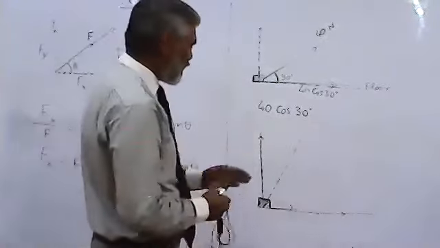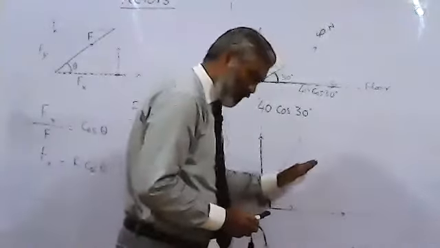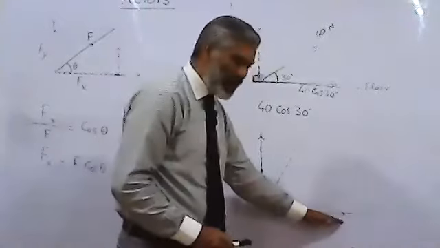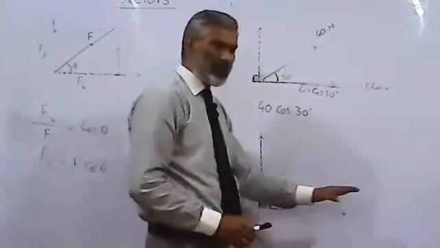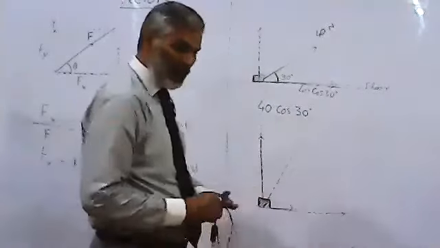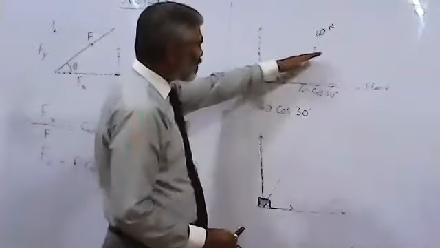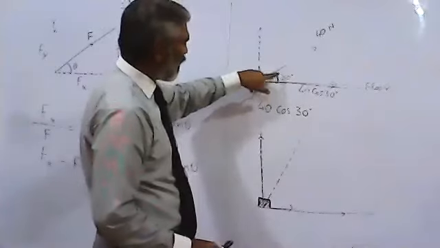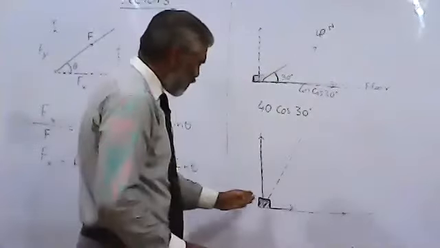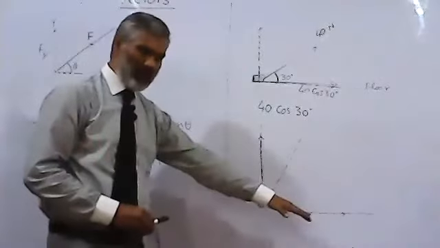Because as long as you have this string at a certain angle, there will be a component in this direction, and it is likely that this block is dragged to this direction. But if the purpose is not to drag it to this direction at all, you move this string entirely here, you make this angle exactly 90 degree. So this is all you have, and there is no component on this direction.